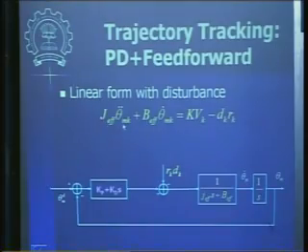Now when we track a desired trajectory, suppose there is no error, then we already know that the terms corresponding to J effective multiplied by theta m double dot d and B effective multiplied by theta m dot d are already known, and this much torque we have to overcome. So why rely on just PD error kind of a control strategy?